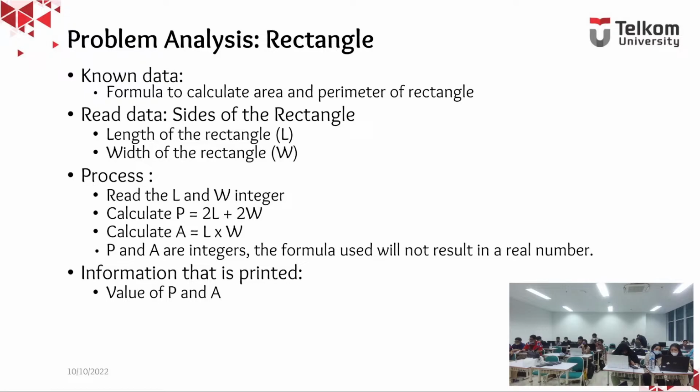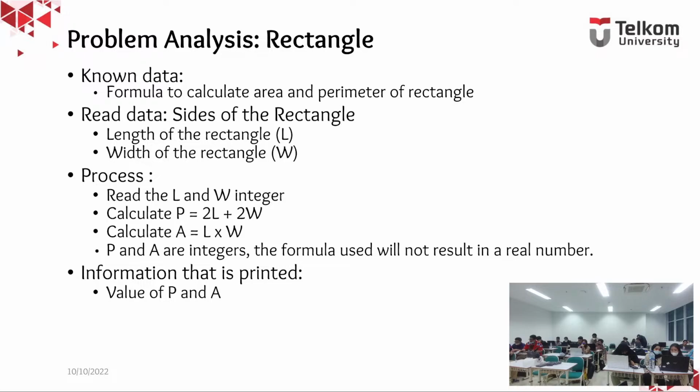If we write it in detail, what data do we already know? We already know the formula to calculate area and perimeter. What data should the program read? The input, the length and the width. What is the process?